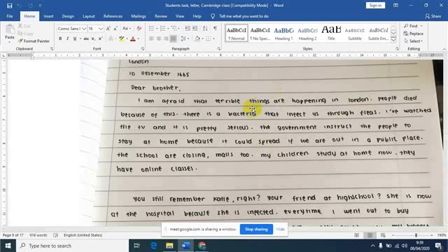People died because of this is compound. Which one? The second sentence. People died because of this.